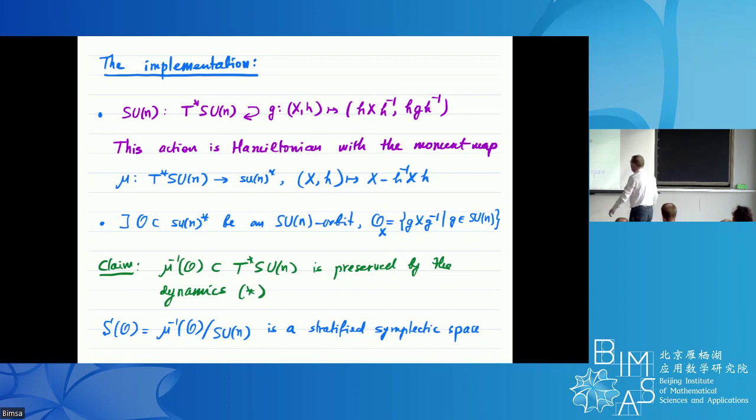So you see here, for every coadjoint orbit you have a submanifold. This is actually coisotropic. And then you have the projection mapping. Projection means taking the quotient with respect to the SU(N) action. And the result is this stratified symplectic space. If you're not ready for these words, think of this as a symplectic manifold.